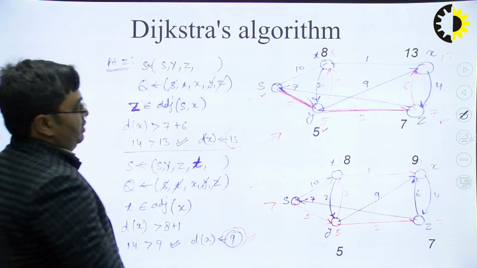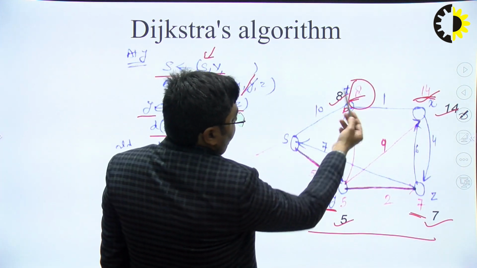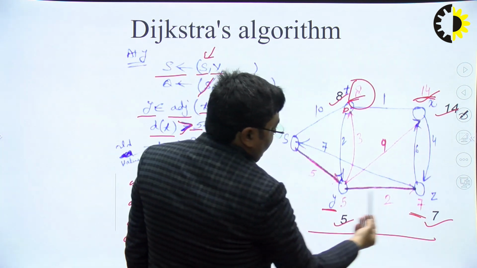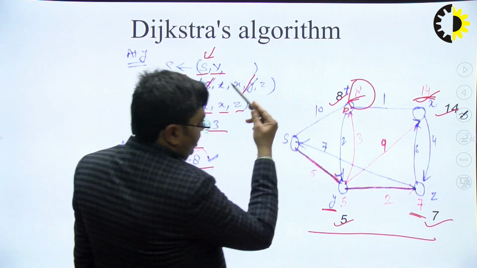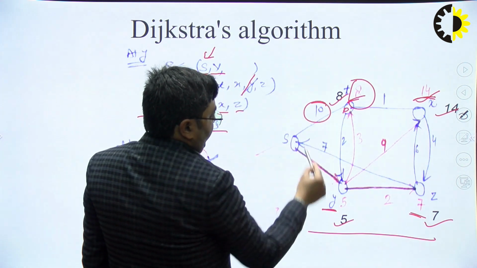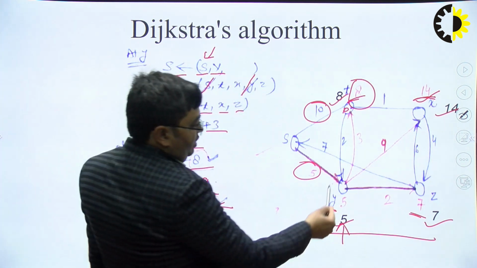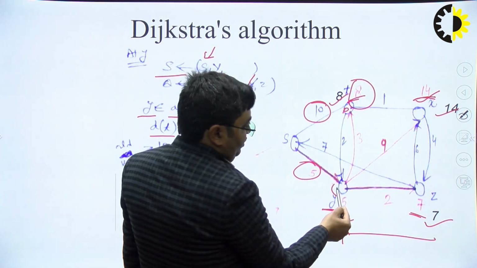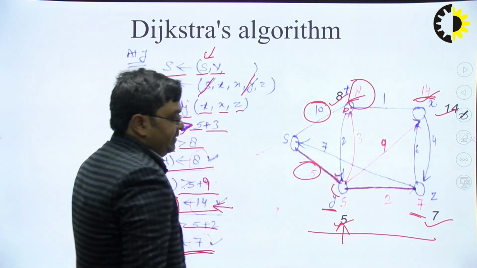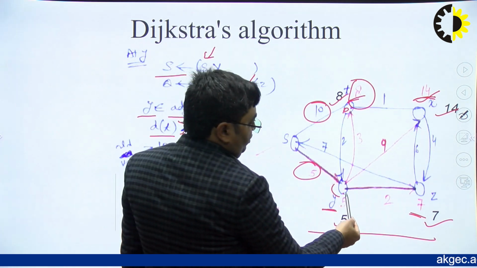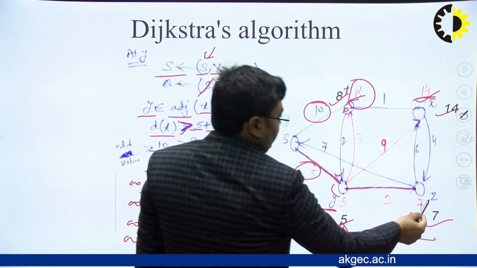Next, after that, from y we have covered t, and we come to the minimum value. Earlier we were having 10 and 5, then we chose 5, which is the distance d of y, and we have explored all the further nodes. Now from y we have 8, 14 and 7, and 7 is smaller.